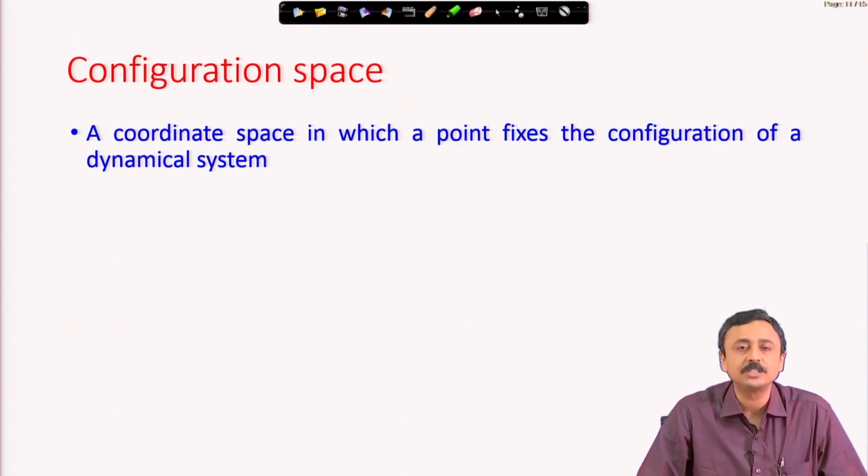So, what is a configuration space? Configuration space is a space in which a point fixes the configuration of a dynamical system.